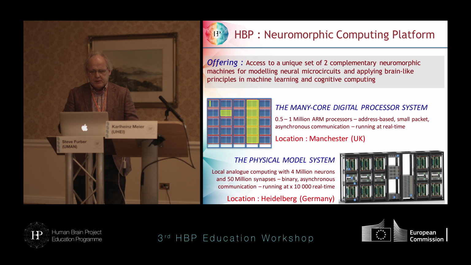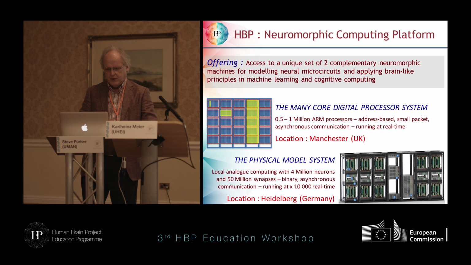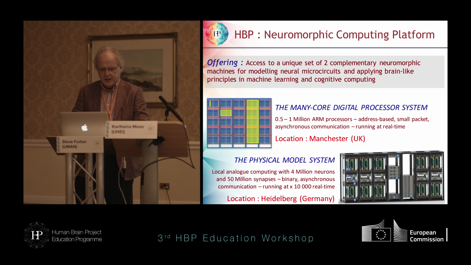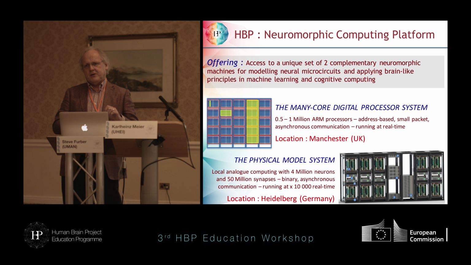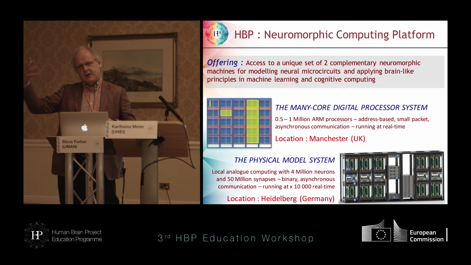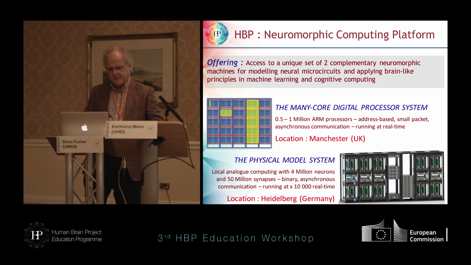The physical model system at Heidelberg uses analog models of the neurons and the synapses, and they can compute 4 million neurons, 50 million synapses, and it runs 10 to the 4 faster than real time, okay? So unlike the supercomputers, which can't do real time, they're slower, the Heidelberg system is quite a lot faster.